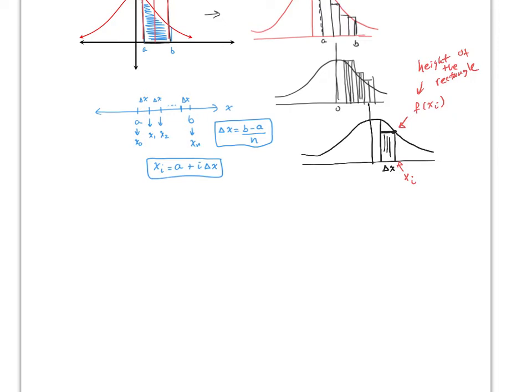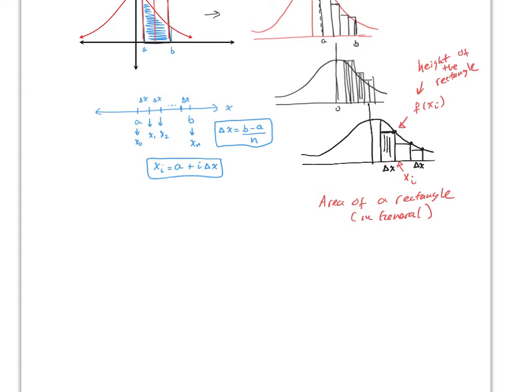So therefore, what should be the area of a rectangle? And this will be in general. Okay. Remember that here the rectangles just keep going, and every time you have delta x for the base, and the height will be the value of the function. Okay.